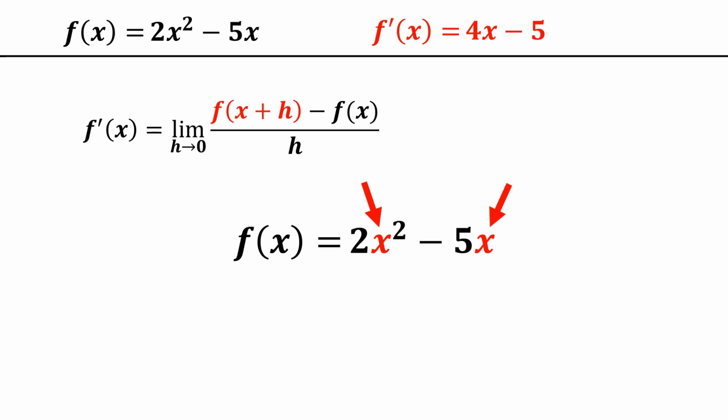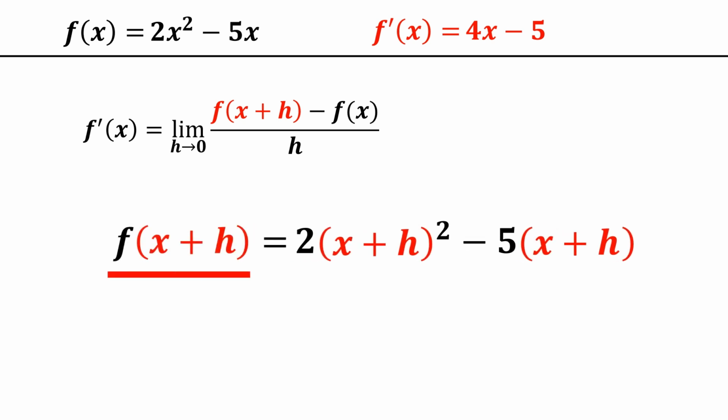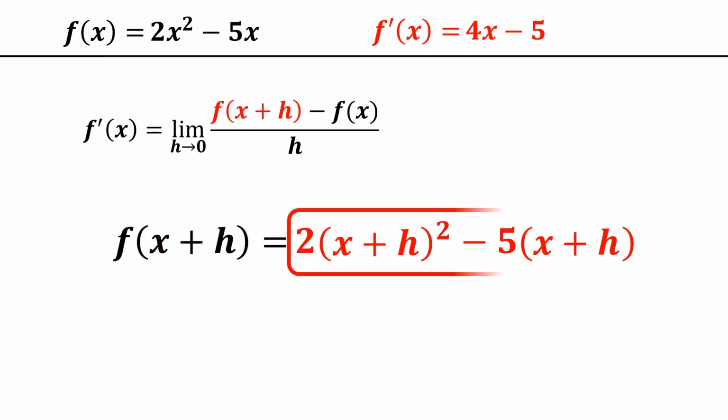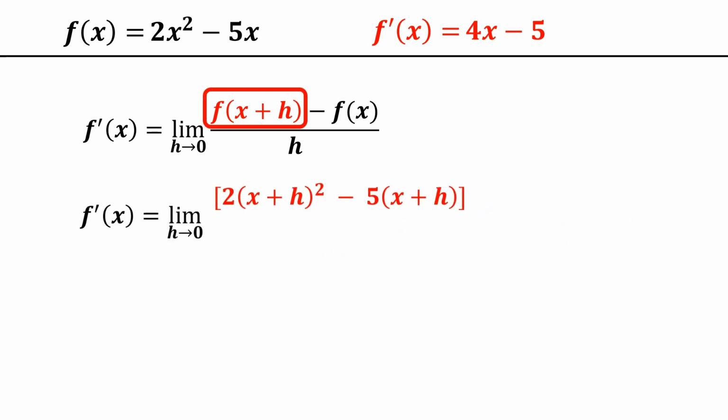When we want to plug in something into the function, we substitute it into the variable x. Therefore, by plugging in x + h into variable x inside of the function, we get 2(x + h)² − 5(x + h). That's what we call the function f(x + h). We can now plug this expression back into our formula, and it represents this part of the formula.